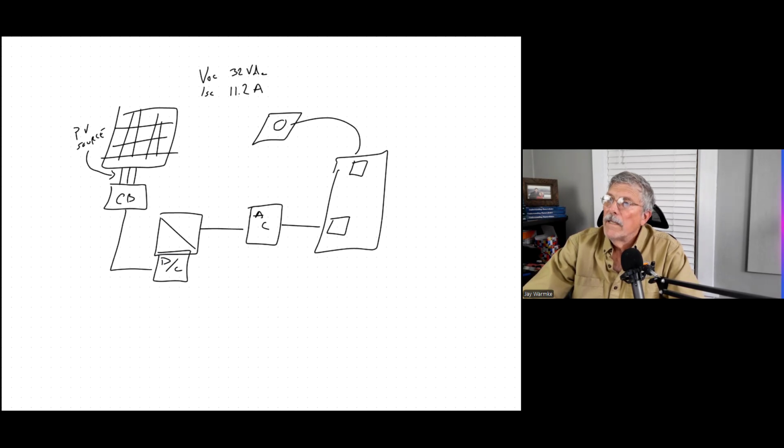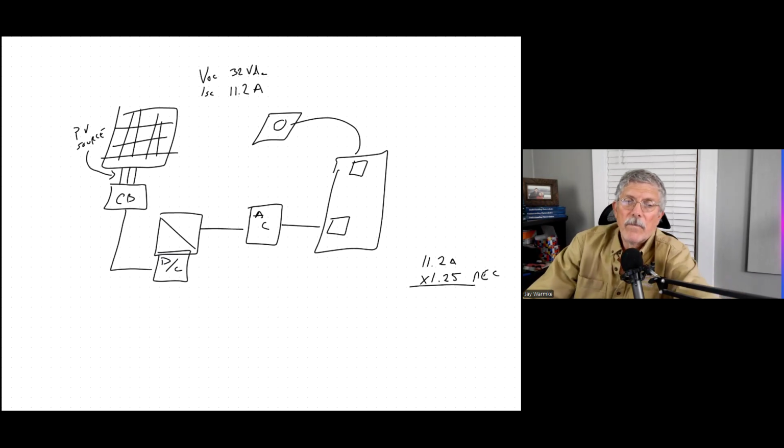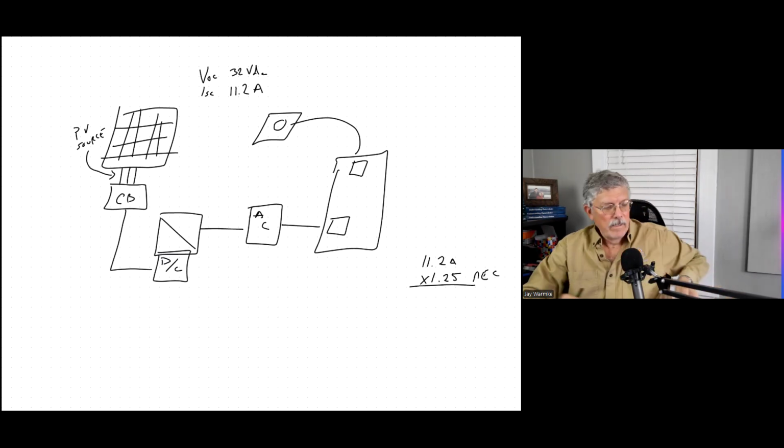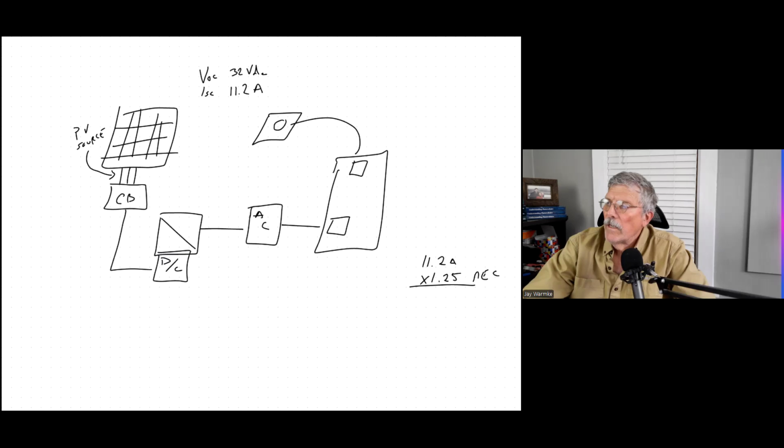But the National Electrical Code always requires that you put a safety margin. So it's going to require 1.25. So we multiply that, and that's the National Electrical Code safety margin. So let me grab my little calculator over here. It's 11.2 amps times 1.25, and remember, it's not going to be generating 11.2.